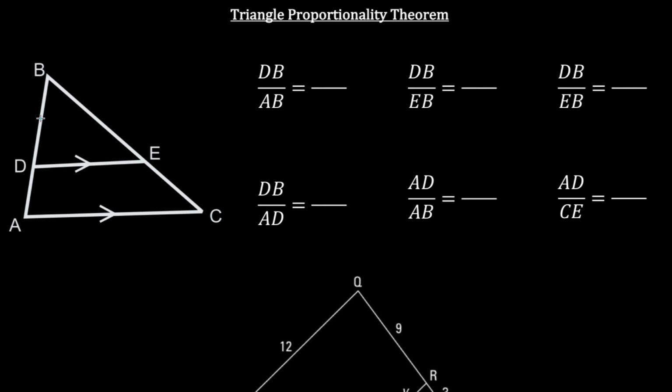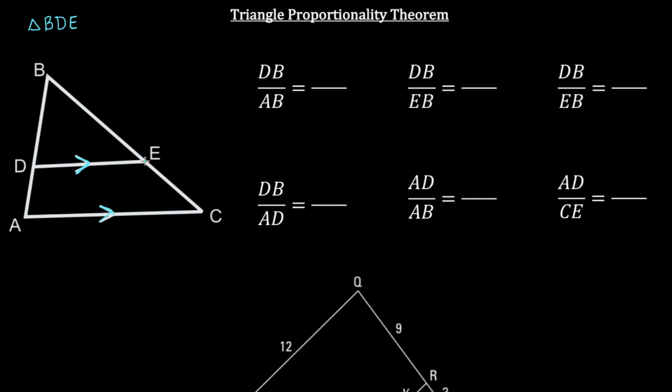As you see, we have this smaller triangle, BDE. And you see how this triangle is inside of this triangle. But you see DE, let's back up a tiny bit, DE is parallel to AC.